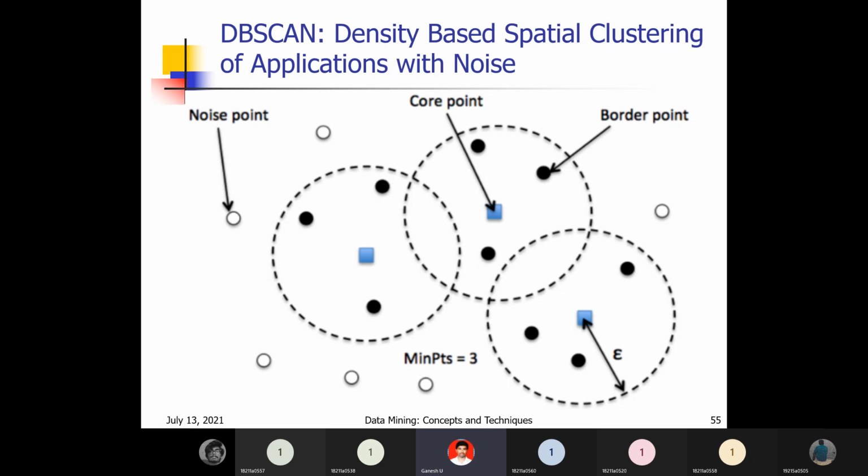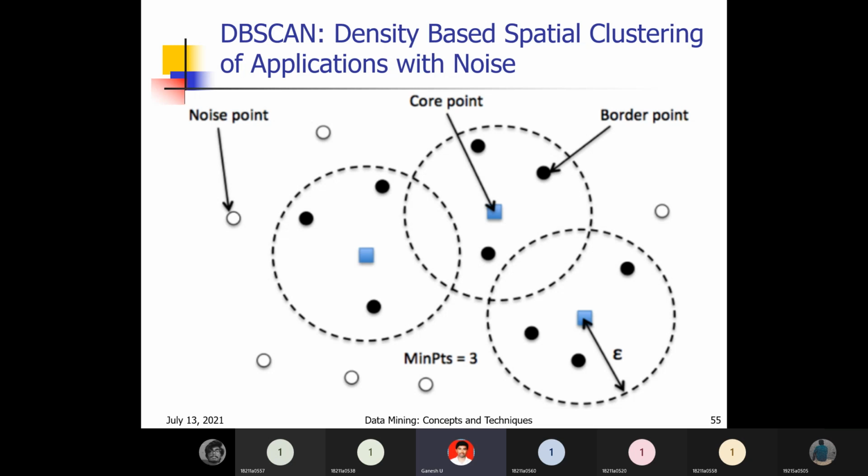Okay. So in the DBSCAN method, what will we do? See here, there are a number of elements in the data set. We have to categorize each and every object, each and every element, into 3 categories. This is a very important thing in DBSCAN.